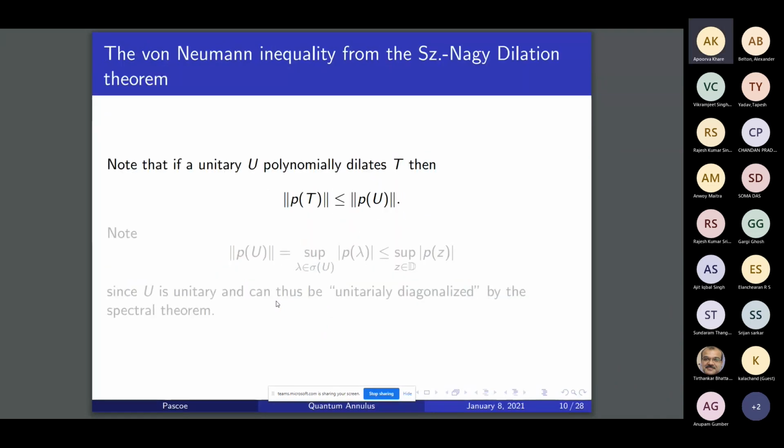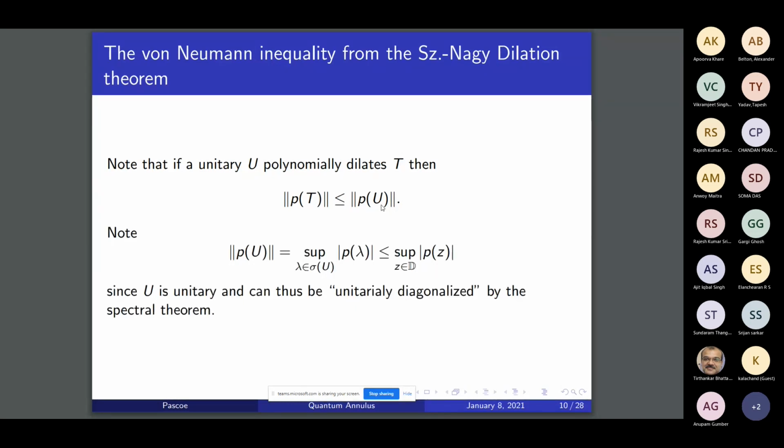Okay, so then we can get this von Neumann inequality from the Sz-Nagy dilation by doing, well, note that if we have a unitary which dilates T, then the norm of P of T has to be less than or equal to the norm of P of U, of that unitary. But then unitaries can be diagonalized by the spectral theorem.